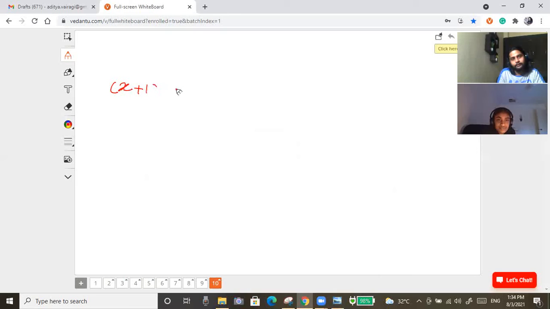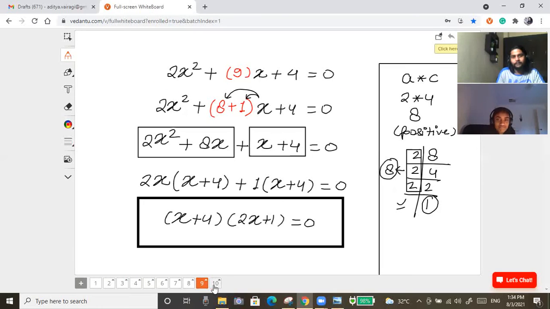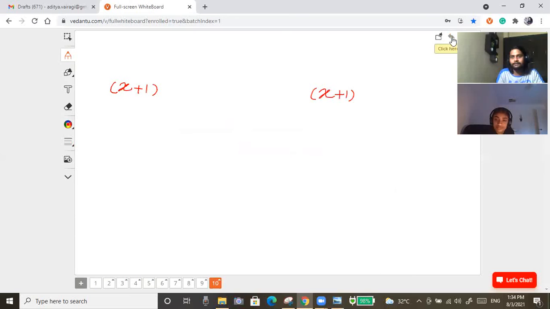This is x plus 4 actually, and then this is 2x plus 1. I'm writing it twice so that we can solve it together.